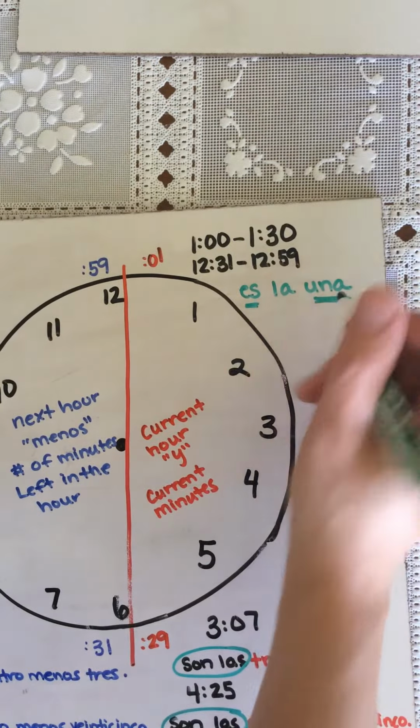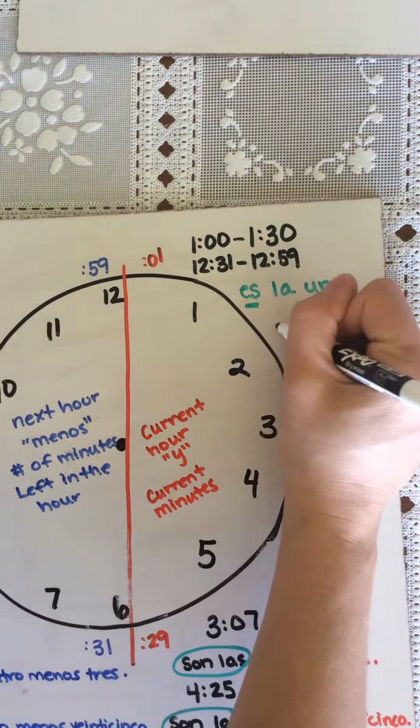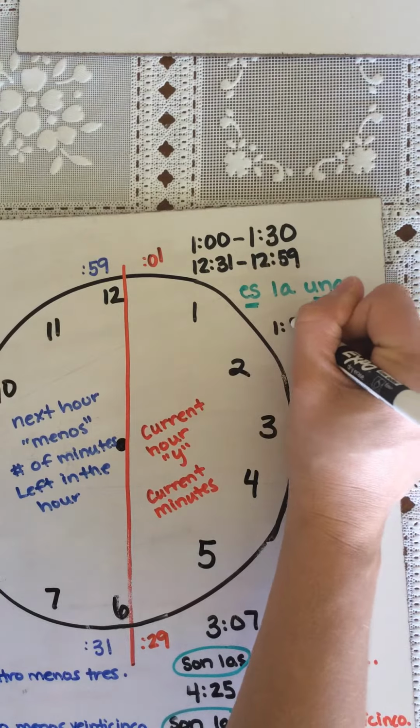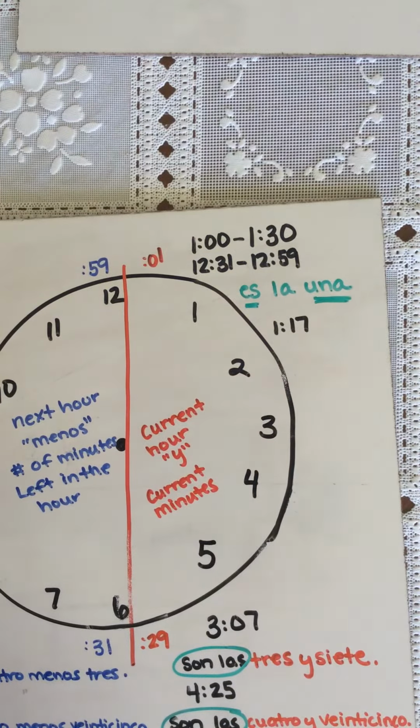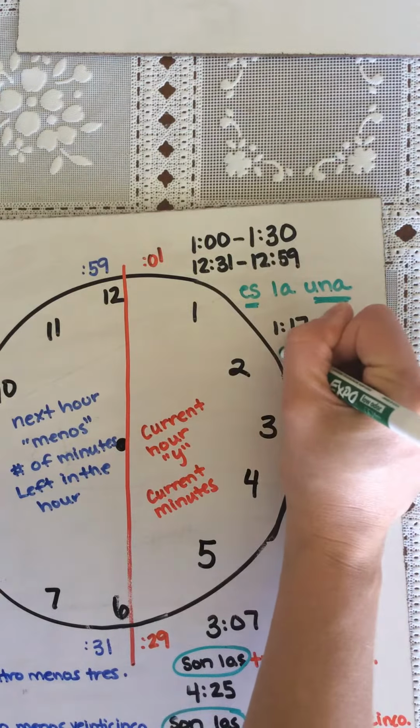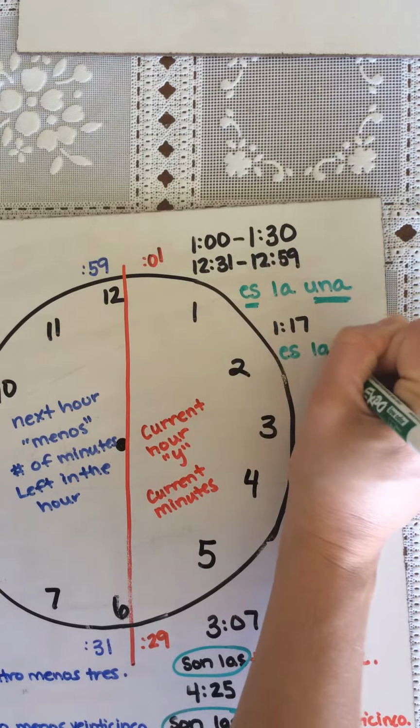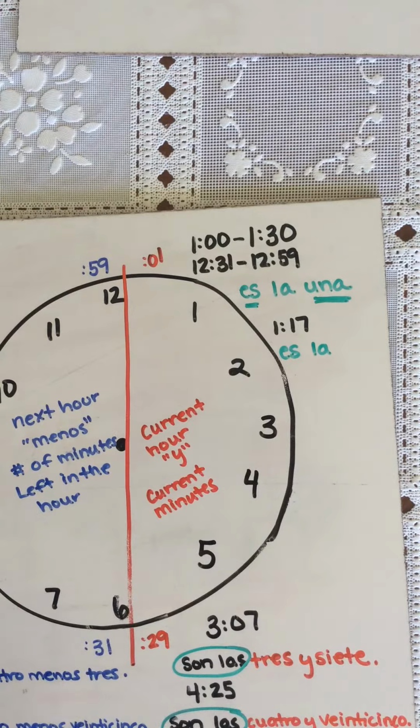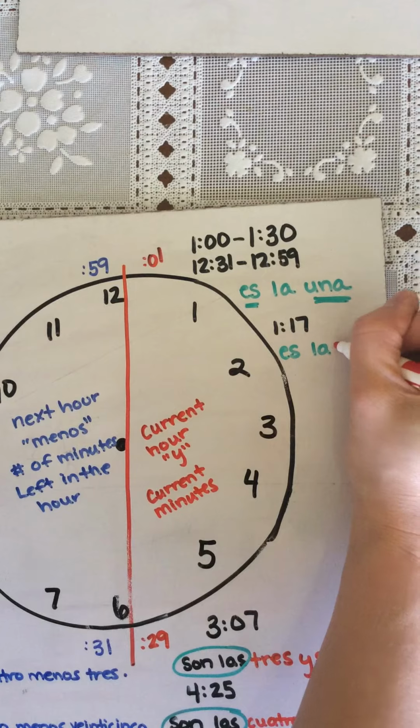So if I was going to say it is 1:17, I would say es la 1:17, since I'm on the right hand side of the clock.